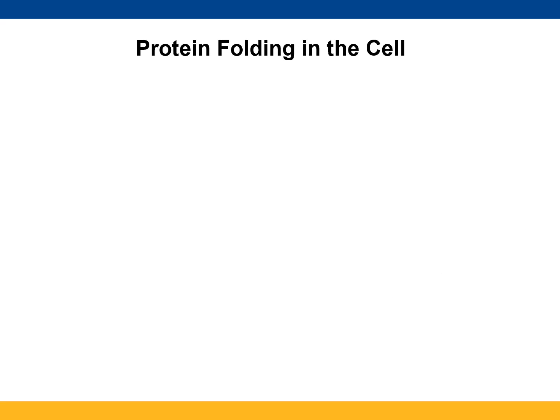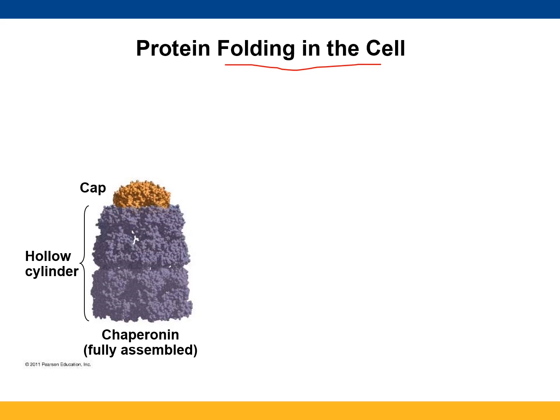Now I'm going to talk about protein folding in the cells. This protein called chaperonin is very important. It's very difficult to predict the final shape of a protein only from the sequence of amino acids. So living organisms have embedded this protein. Let's say this is an assembled machine that allows proteins to properly fold.